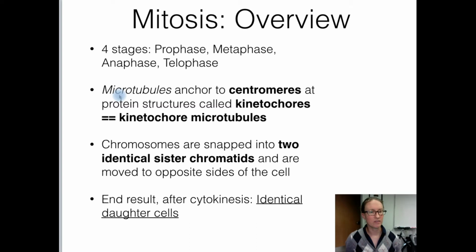And so the end result at the end of mitosis, and after the cell as a whole has gone through cytokinesis, is the production of 2 identical daughter cells. So each of those daughter cells gets 1 of those identical sister chromatids.